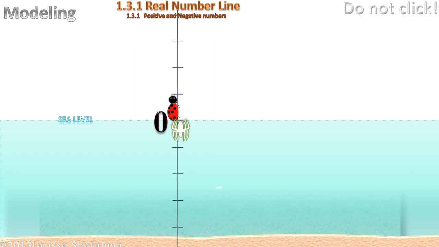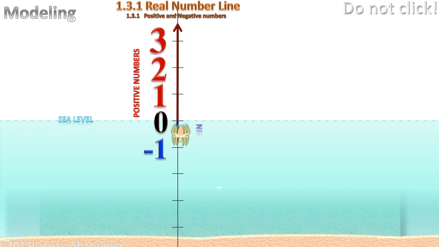The ladybug is moving up, and the position of the ladybug above sea level we can measure by using positive numbers. And the crab is moving down below sea level. So the position of the crab we can measure by using what we would call negative numbers.